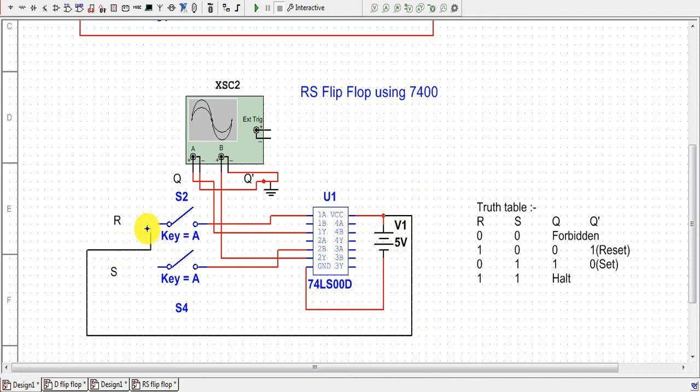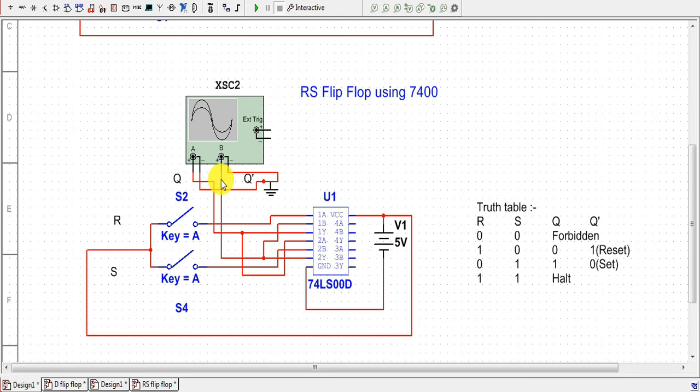Now we are connecting the positive power supply to key A as well as to B. We will also connect the second terminal of the first NAND gate to the output of the second NAND gate, and the second terminal of the second NAND gate to the output of the first NAND gate.